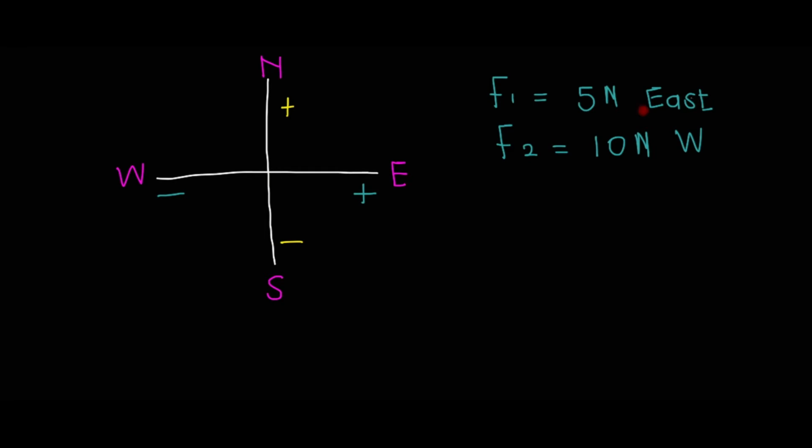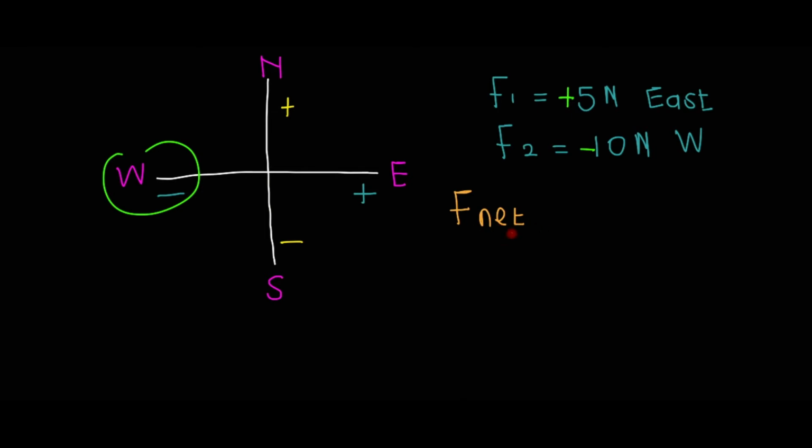This tells you that your force east is positive, and this west tells you that your force is negative. So when we add these forces we want the total. When we add this total we call it F net, or resultant force.